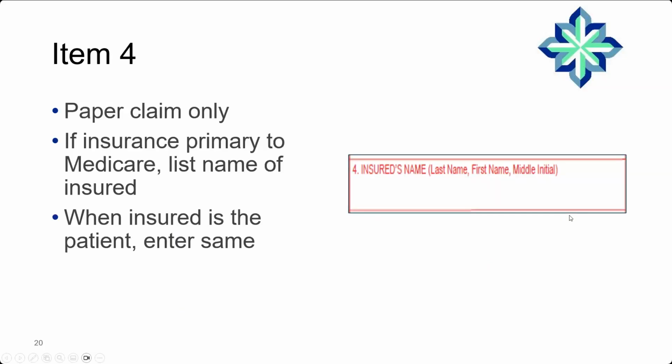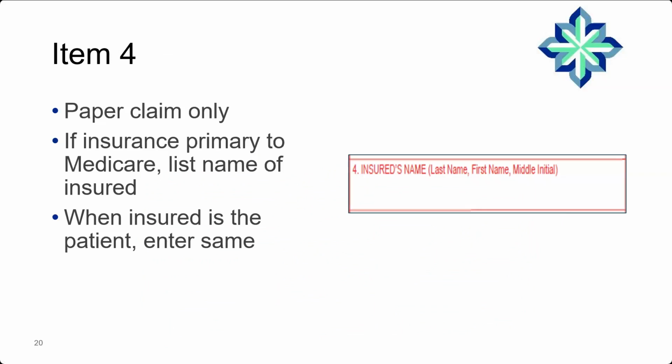Item 4, paper claim only. If there is no insurance, then you'll state that. Medicare. Again, this is paper claim only, right? If there's no other insurance, then Medicare. Done. When the insured is the patient, enter the same.